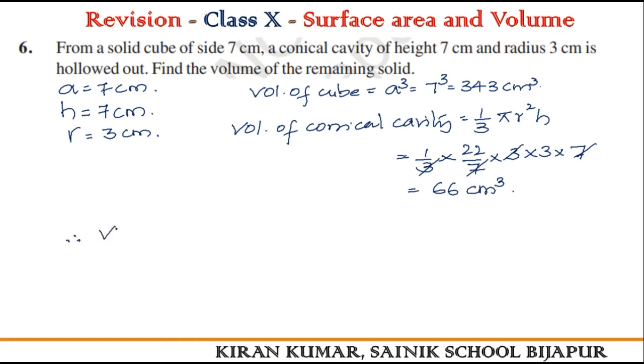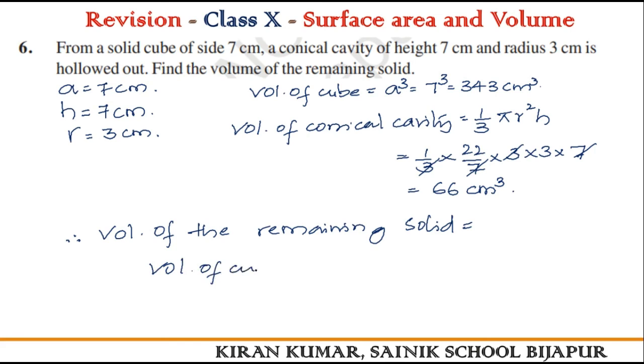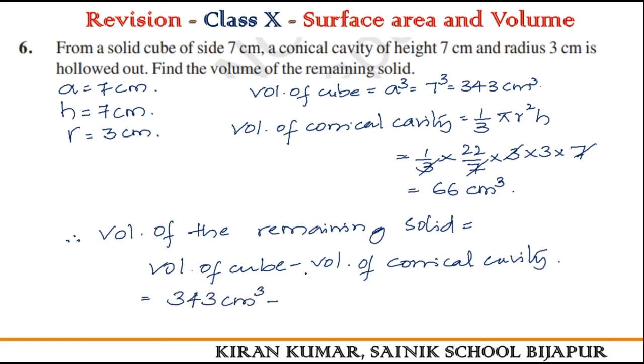Therefore, volume of the remaining solid will be equal to volume of cube minus volume of conical cavity. Volume of cube is 343 centimeter cube minus the volume of cavity is 66 centimeter cube. So on subtracting we get 277 centimeter cube.